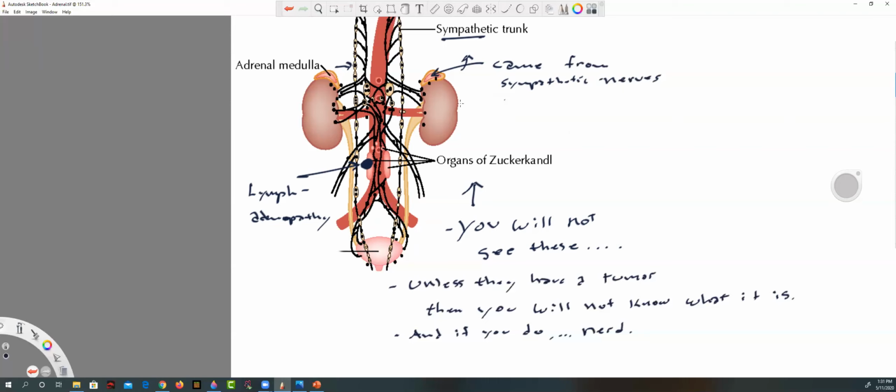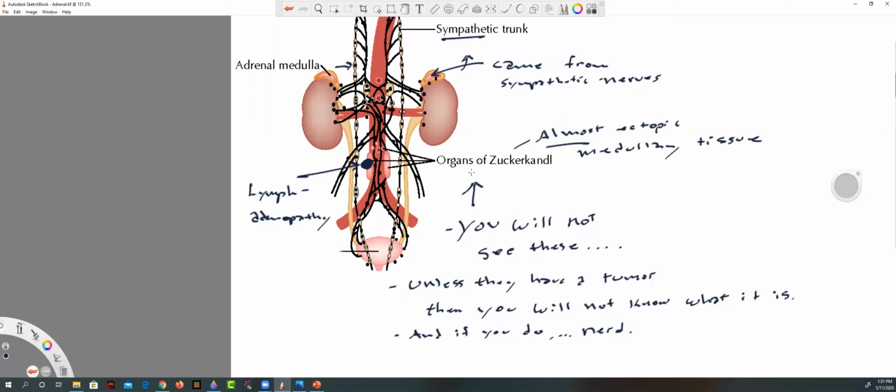So they all kind of came from the same point. And so the organs of Zuckerkandl are kind of like, they're not, but they're almost ectopic medullary tissue. Almost.